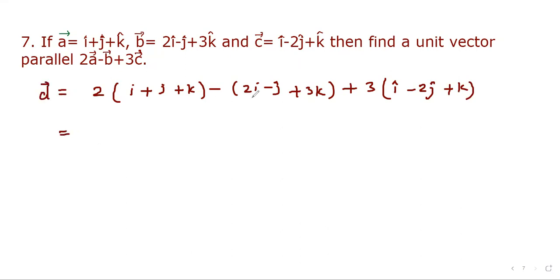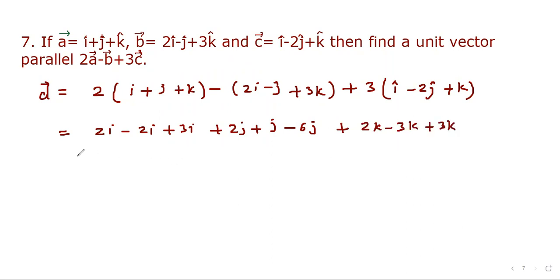So 2i minus 2i plus 3i, plus 2j plus j minus 6j, plus 2k minus 3k plus 3k. So this will give 3i minus 3j plus 2k. So this is the required vector, but here we need a unit vector.